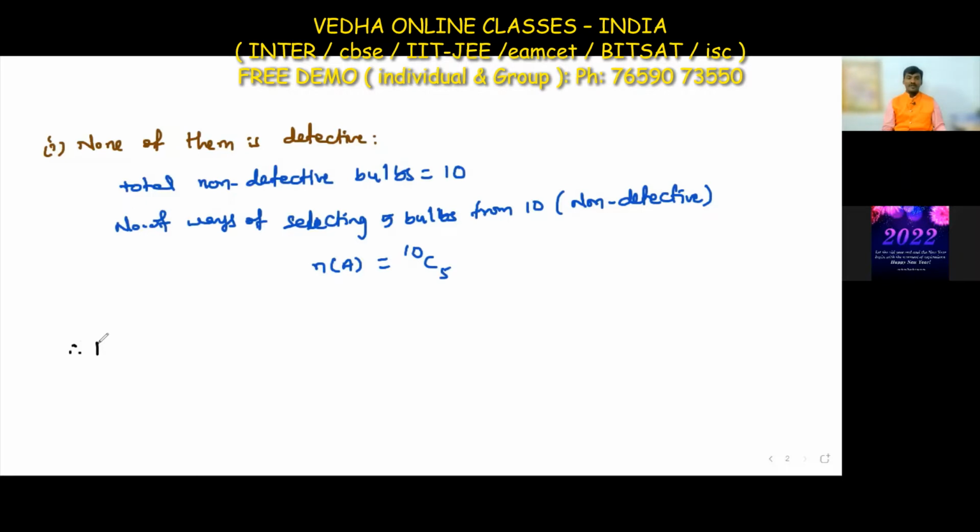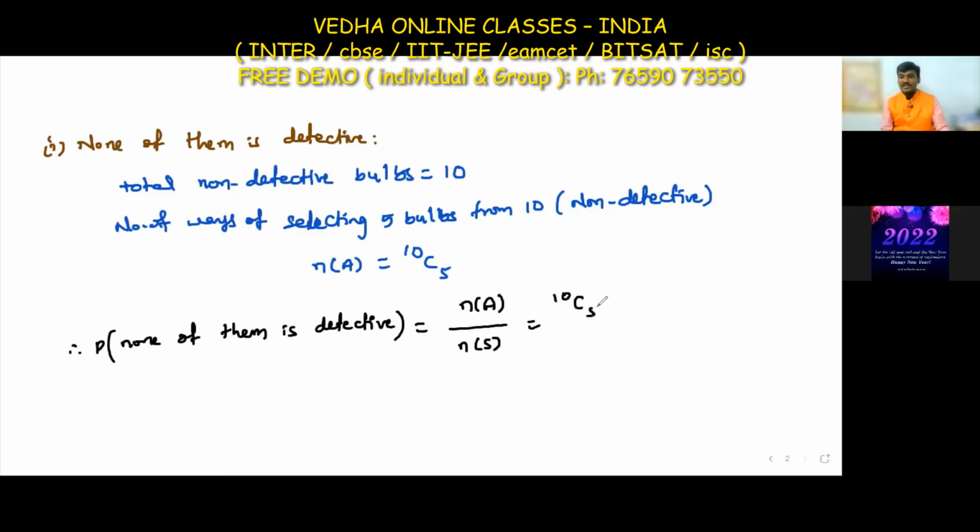Therefore, the probability that none of them is defective is equal to all the ways of non-defective divided by the total number of ways, that means n(A) divided by n(S). n(A) is 10C5, divided by n(S), from 15 we are selecting 5, that is 15C5.